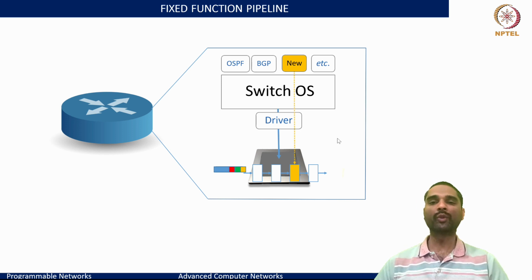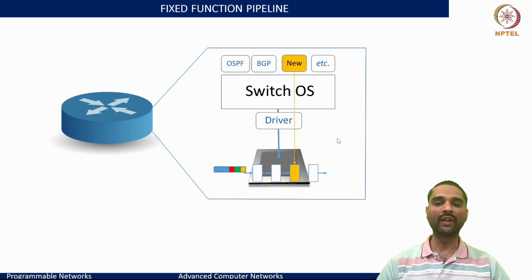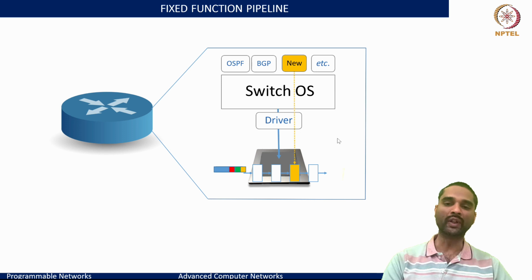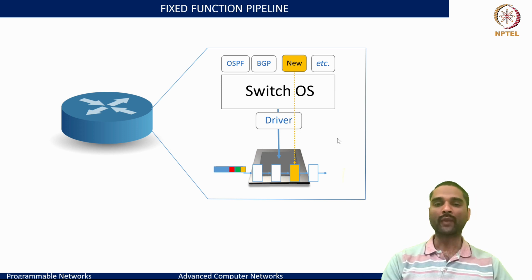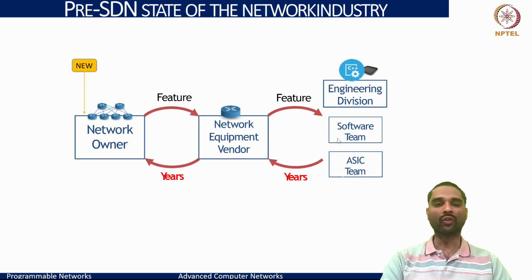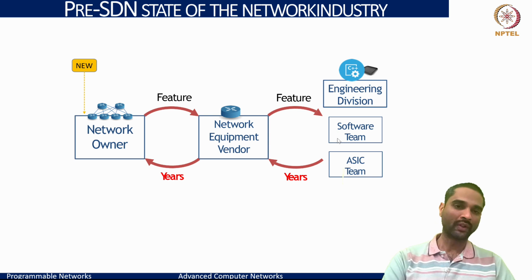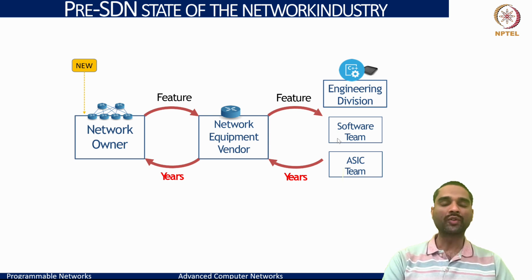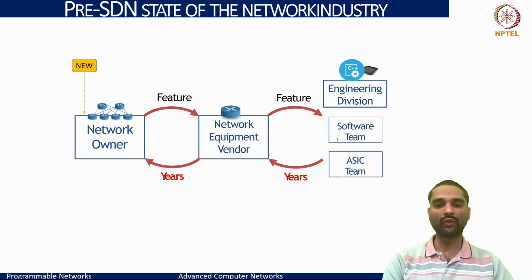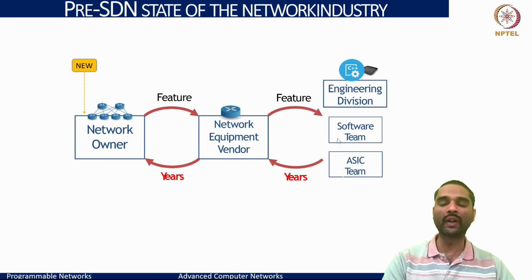And if we take an example where we want to build some new characteristic onto these devices, a new control functionality would mean a new means to add or process the packets in the forwarding plane. To do this, as we have seen in the earlier case, as the network owners try to bring these innovative ideas in the plane, they have to go to the network equipment vendors to support those features so that they can be embedded at the control and data plane as necessary.